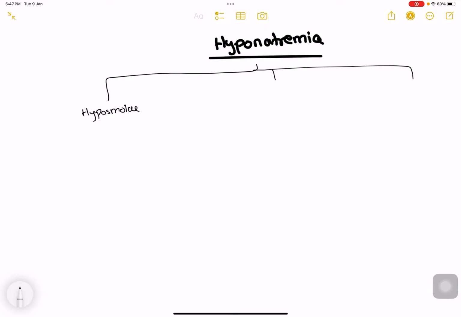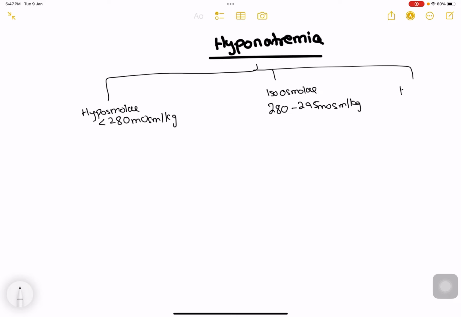Hypoosmolar, where the osmolarity is less than 280 milliosmoles per kg. And then the other one is isoosmolar, where the osmolarity is between 280 to 295 milliosmoles per kg.